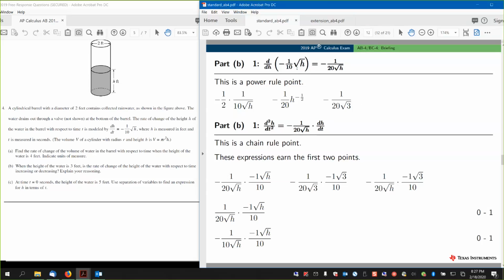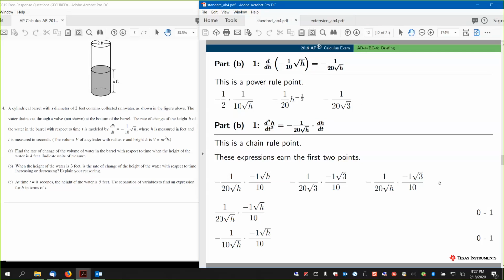The second point right here was for evidence of the chain rule. Now, most students, as you would expect, earn the first 2 points with just one line, with one expression. And so here on this line are some common responses that earned the first 2 points. I won't read through all of those with you. I think you can look at those and see why each of those would earn the first 2 points.